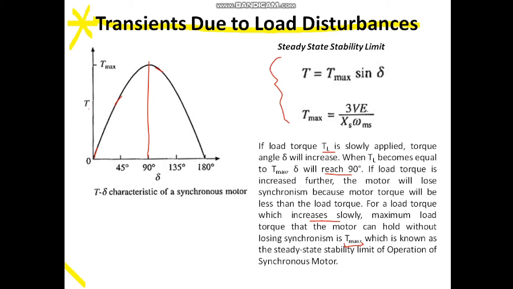When we suddenly change the load torque, whether the motor will remain in synchronism or not can be determined by the examination of the dynamic behavior of the synchronous motor. So we are going to go with the dynamic stability analysis.